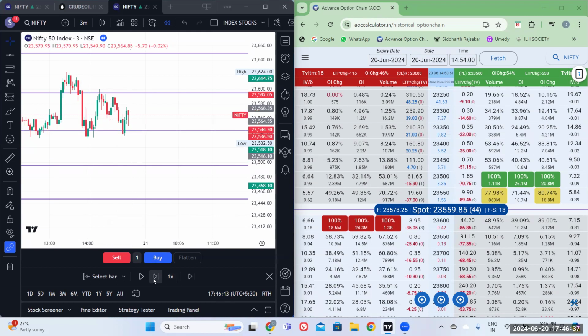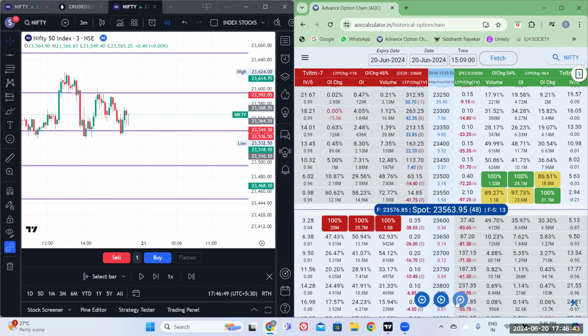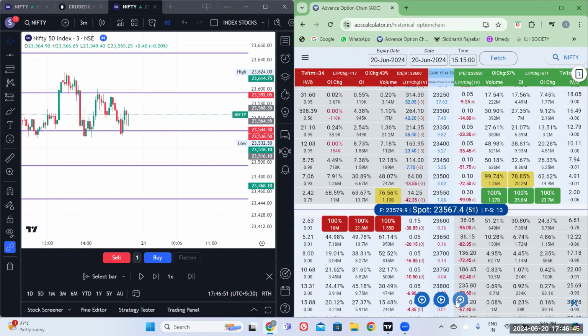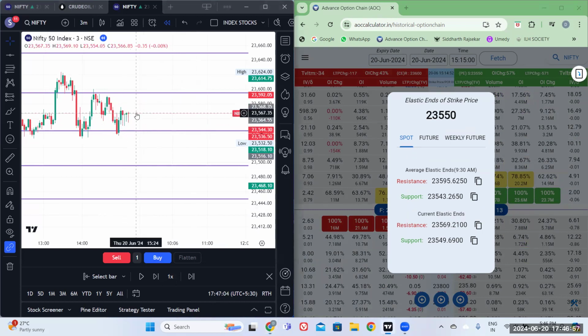So, okay, anyway, now 312, 315, 315. It suggests that it's going to be in this small range. So if I take the elastic range, at 269, if it comes, a profit can be booked.